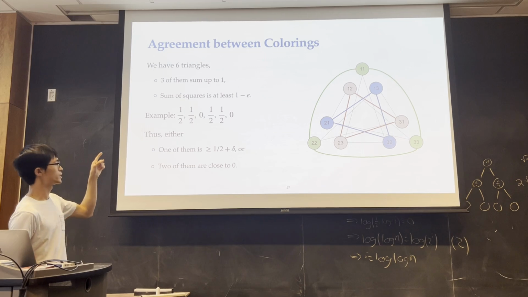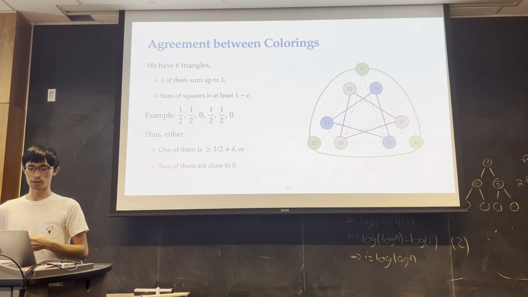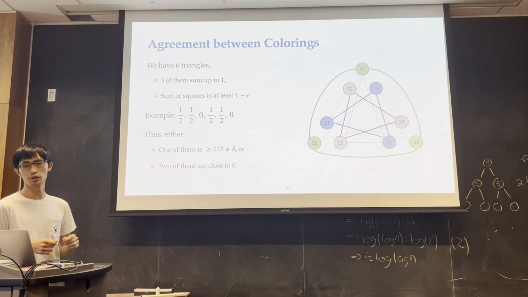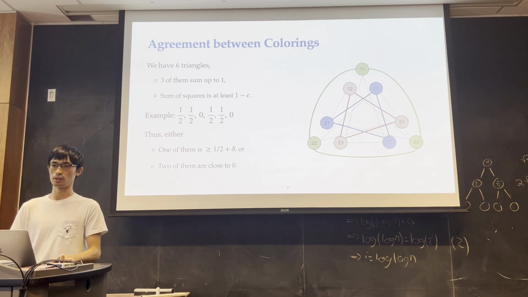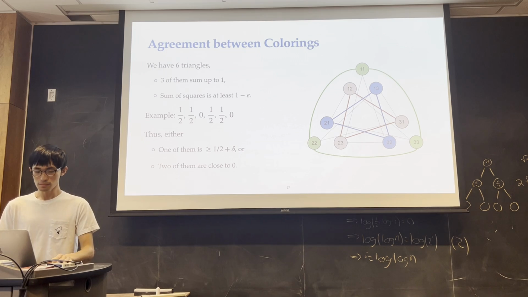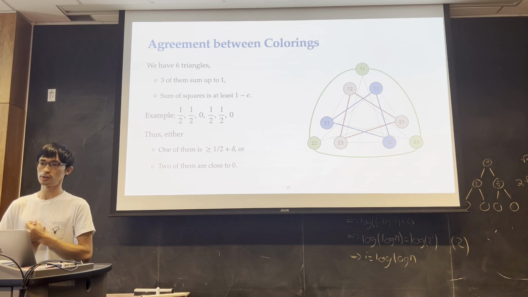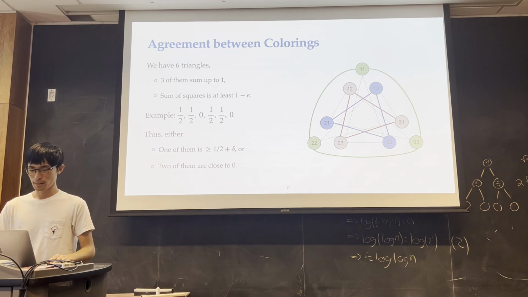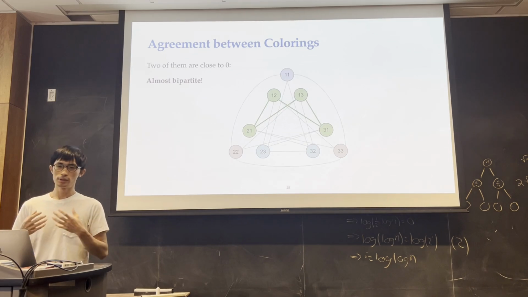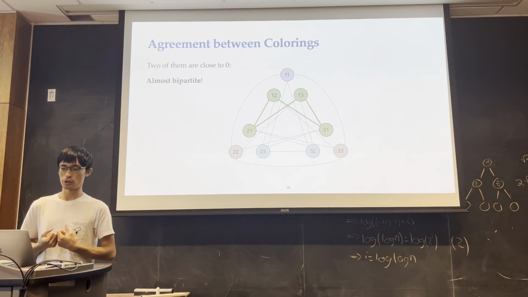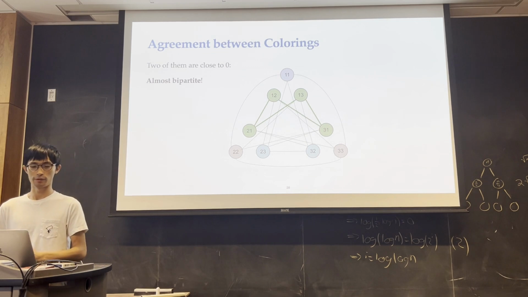The first case, because each of these, the maximum of these 6 numbers is the agreement. So in the first case, we have agreement larger than half plus delta, and then we're done. So let's assume that we're in the second case, that 2 of them must be close to 0. And what does that mean? It means that we can basically zero out 2 triangles in this 9-vertex graph.